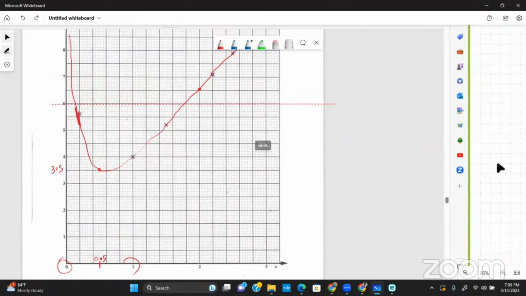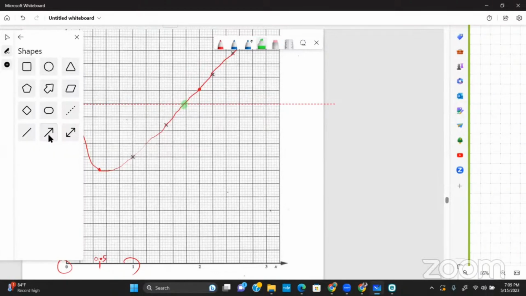What we want to do is focus on where it touches the curve. Wherever I touch the curve, you're going to take a line and read off that number.